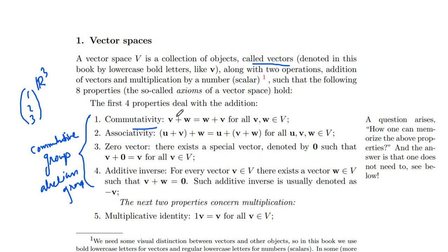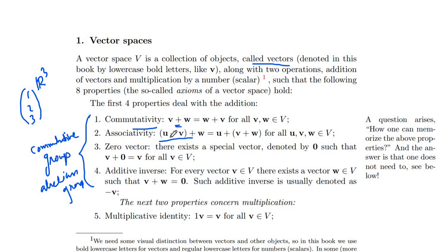Now let's see in detail what exactly it says. If this is there in a set, then only can the set be a group. What it says is that the order of the operation does not matter. For these vectors, wherever we are considering them as a group, we are considering just this plus operation.